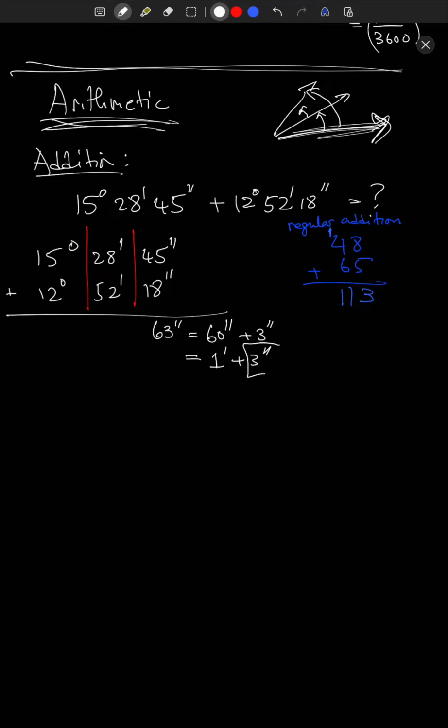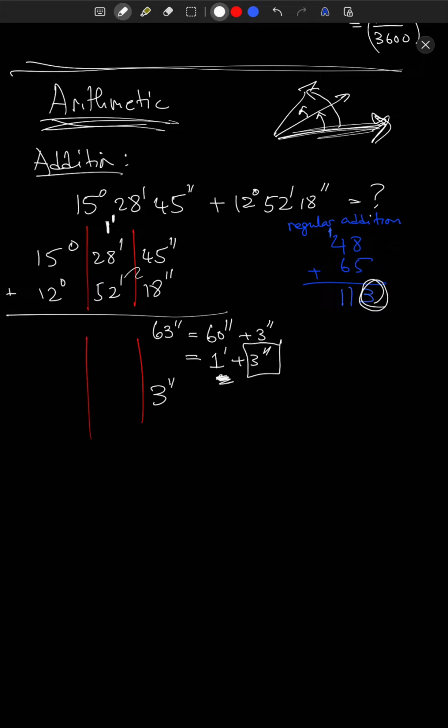So the 3 seconds we keep, just like we kept the 3 when we added 8 plus 5, right? So that guy we're going to keep here as 3 seconds. But then this 1 minute, we carry it over to the other column where we add minutes, okay? And then now we just go to the next column, and we just continue this procedure until we get to the end. All right.